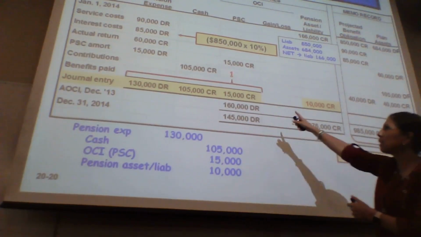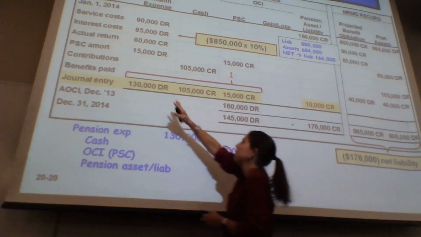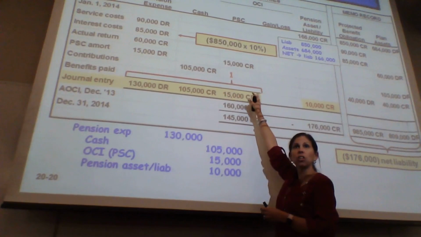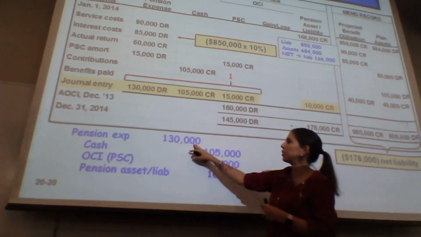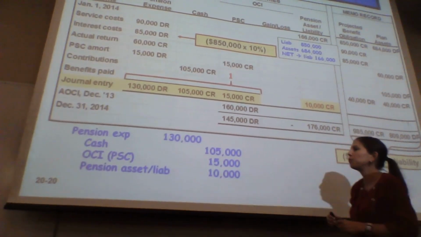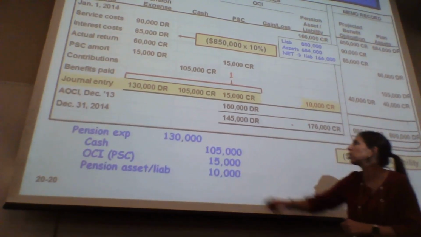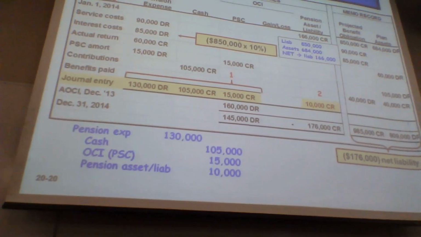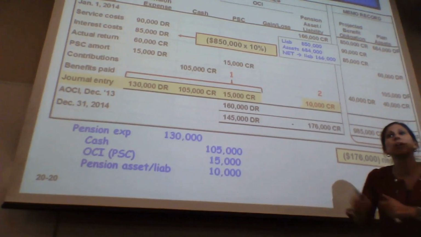So the first thing we do is we figure out these components here if we have them: the pension expense, our cash contributions, and any OCI gain or loss adjustments. In this case, our pension expense was $130,000 debit. We reduced cash $105,000, and we reduced that loss on OCI by $15,000. So our plug in this journal entry is the $10,000, and it's on the credit side. We can check whether that $10,000 is correct because it's going to tie out.